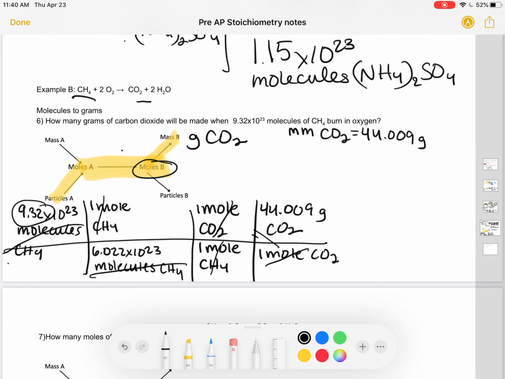How annoying of me. 9.32 times 10 to the 23 divided by... okay, I got 68.1 grams of CO2. Cool beans. Cool lima beans.